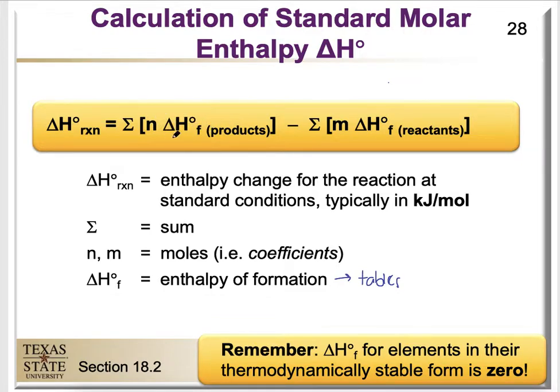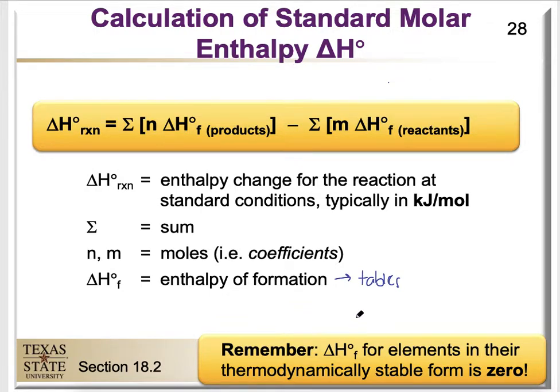So we basically have one parenthesis for each product where we multiply its coefficient times its enthalpy of formation. And once we add everything for the products, then we're going to subtract the same summation for each of the reactants. So the reactants are subtracted. You might remember this equation from General Chemistry 1. We used to say products minus reactants, each of them with their coefficients.